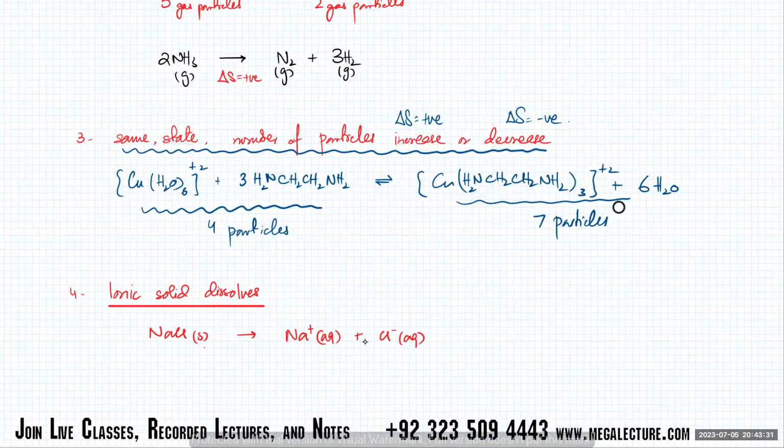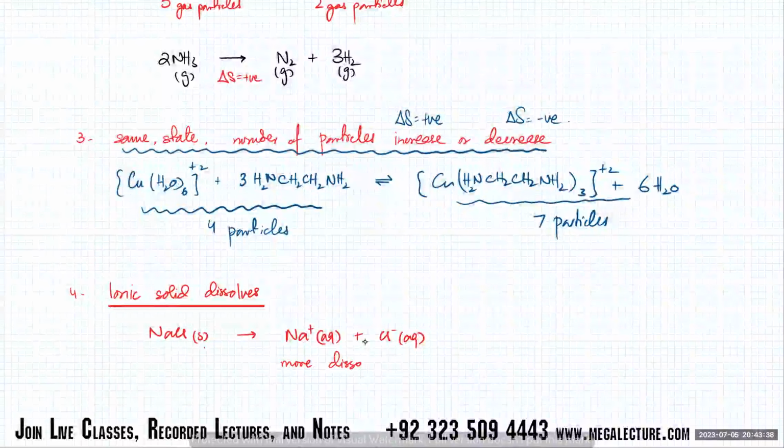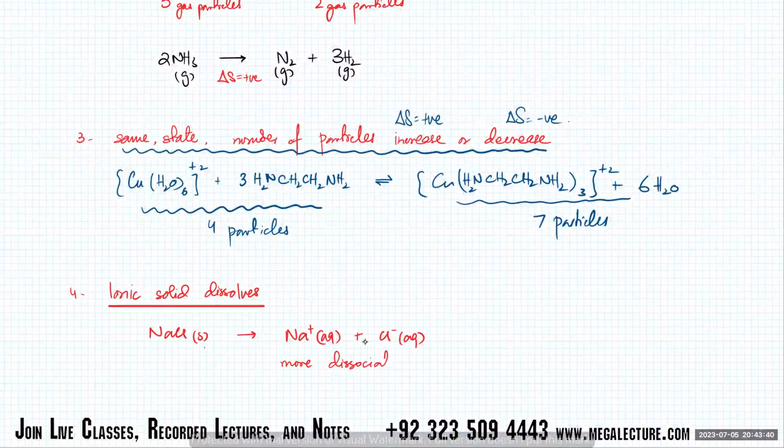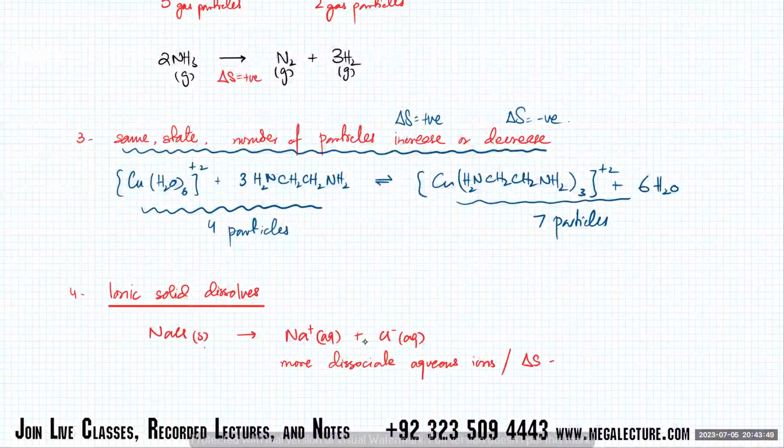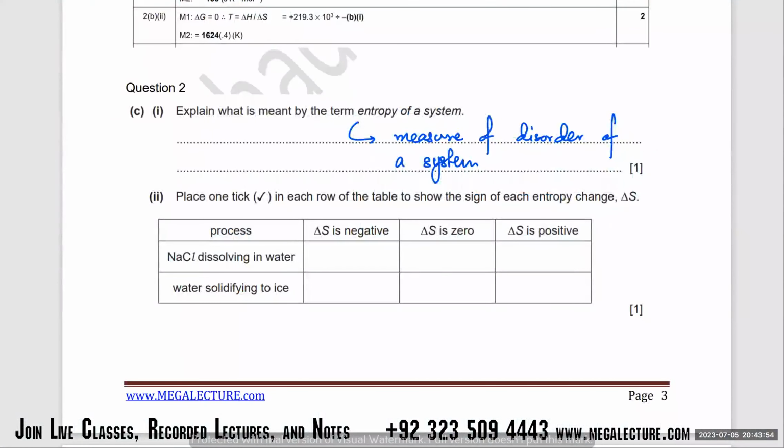So what you have is more dissociated aqueous ions, hence there's an increase in disorder, so that delta S is positive. As a next one, water solidifying: this one is water turning into ice, that's obviously delta S negative.